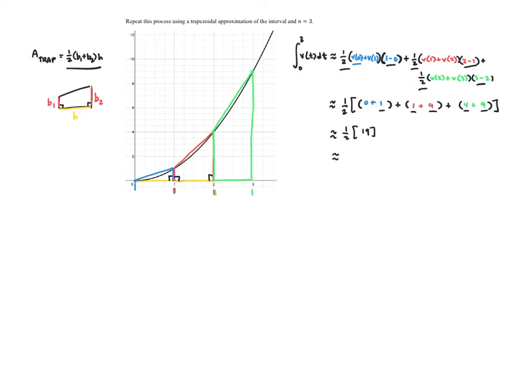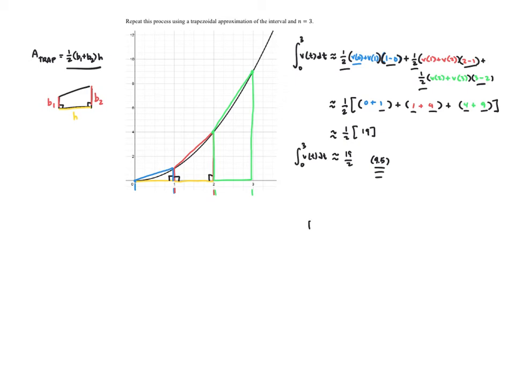All right, so our approximation for the area under this curve using the trapezoidal approximation method is 19/2, which is 9.5.